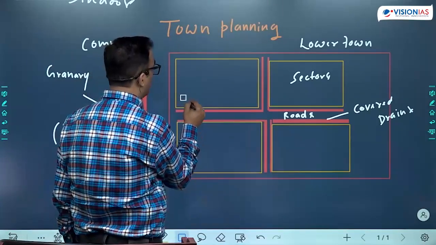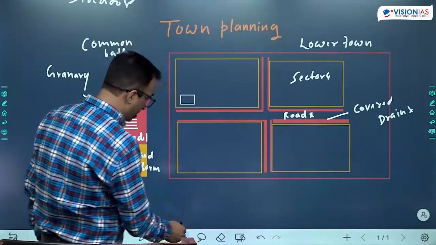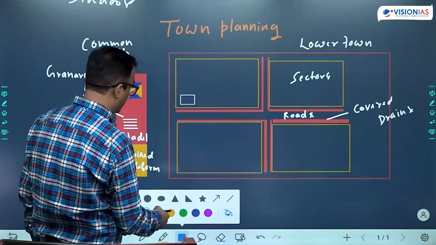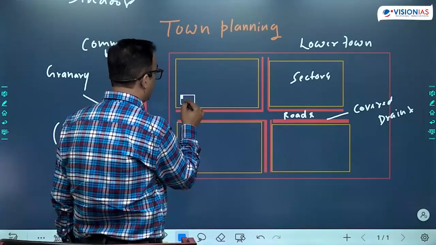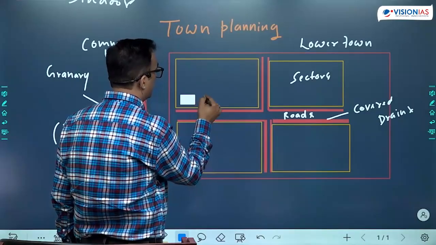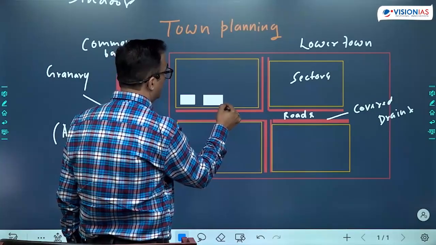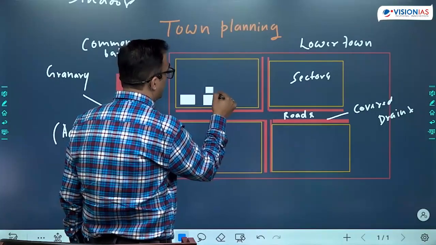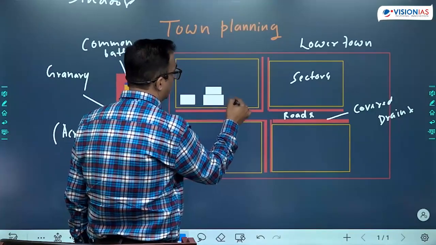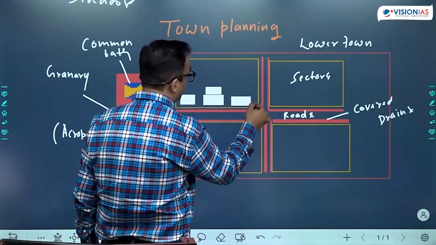So we have come across instances of single story houses, double story houses, and even triple story houses. So make it in a symbolic way, the double story and even triple story houses.